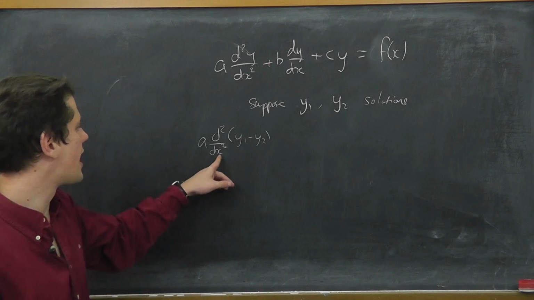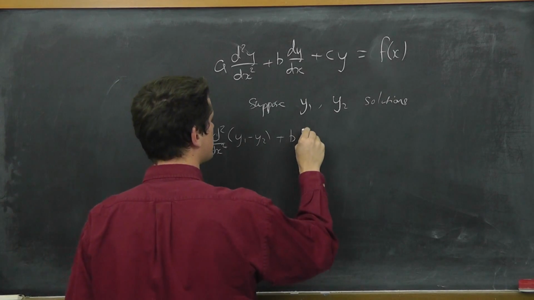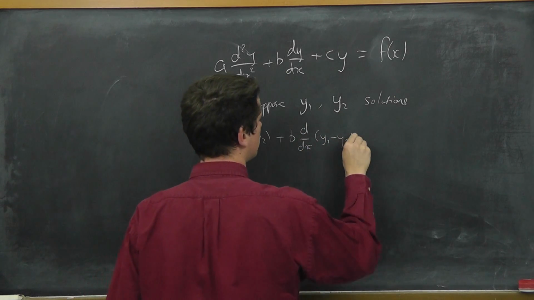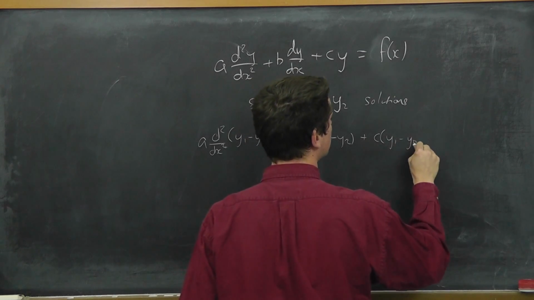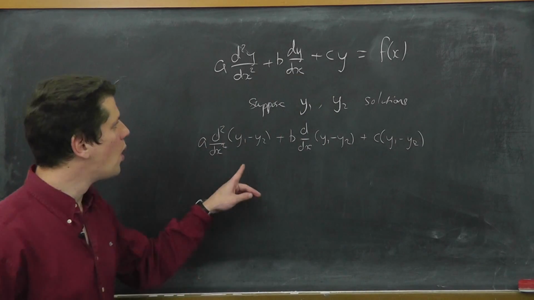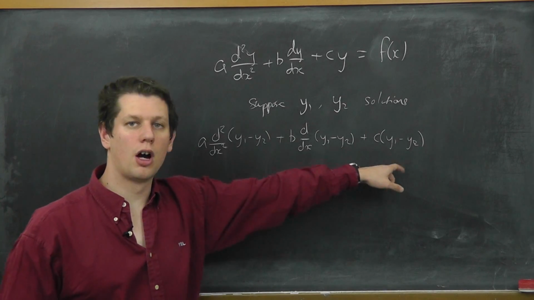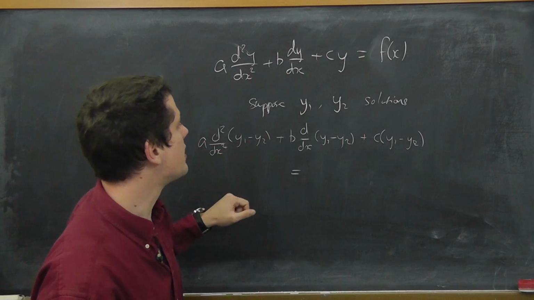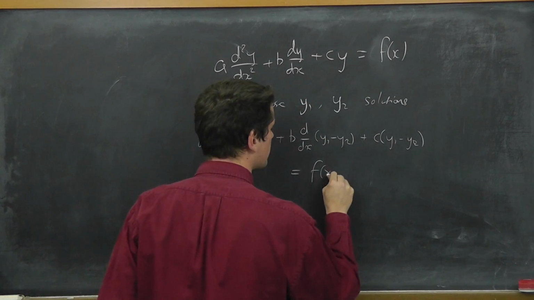So a times the second derivative of y1 minus y2 plus b times the derivative of y1 minus y2 plus c times simply y1 minus y2. Well, the terms involving y1 are all equal to something that looks like the left-hand side of this, and I promised you this was a solution, so this is equal to f of x.